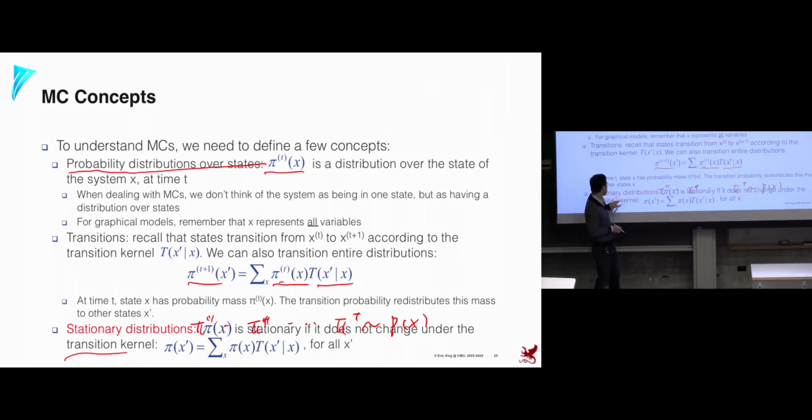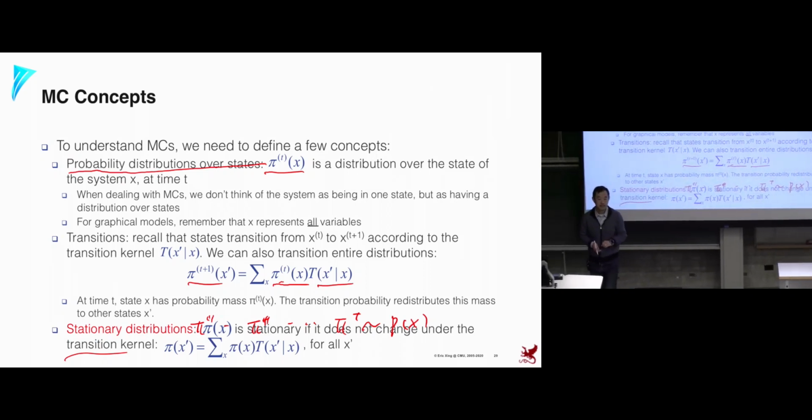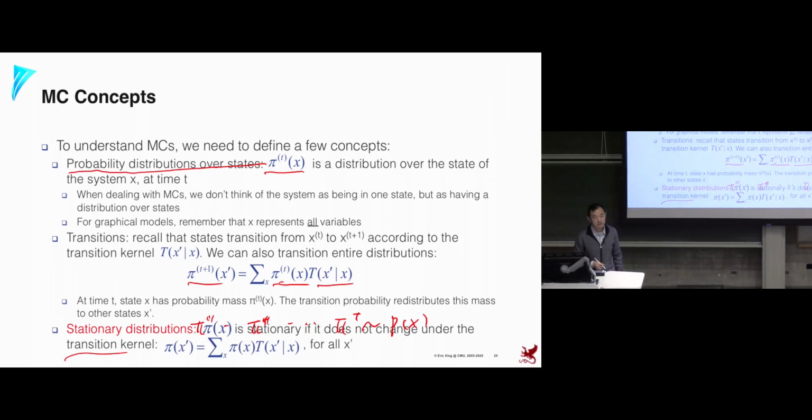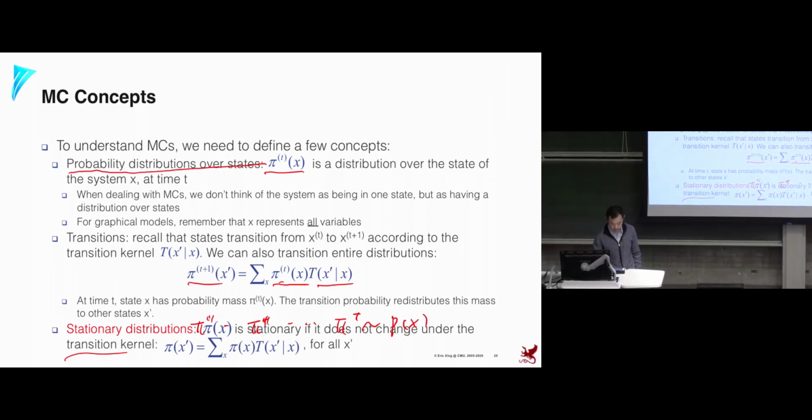This is called stationary. In algebraic form, this is a vector, and this can be represented as a left product of a matrix with a vector. Because if x is discrete, for example, then this transition is just a matrix.